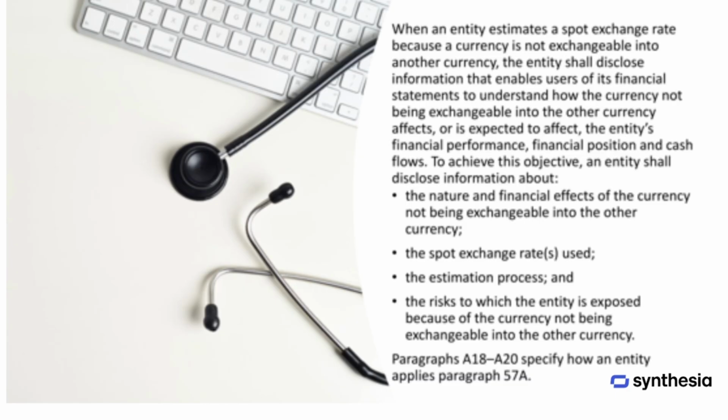To meet this objective, the entity should disclose information about the nature and financial effects of the currency not being exchangeable into the other currency, the spot exchange rates used for the estimation, the process it followed to estimate these rates, and the risks the entity faces because the currency cannot be exchanged into the other currency. Additional guidance on applying these requirements is provided in paragraphs A18 to A20.